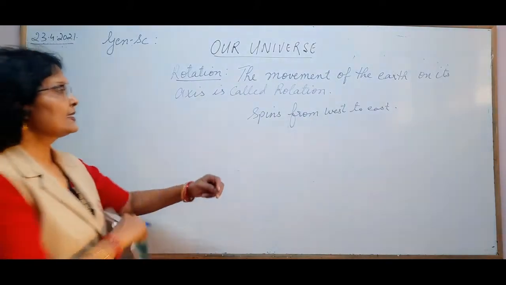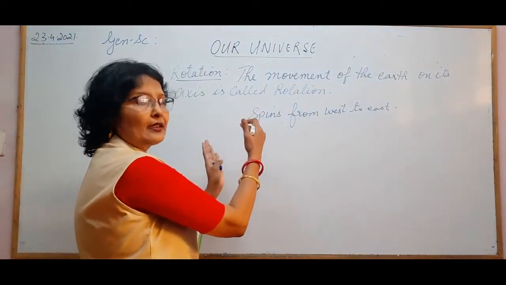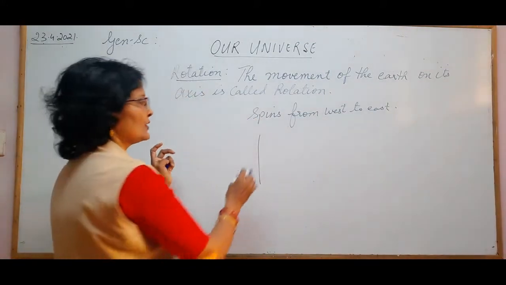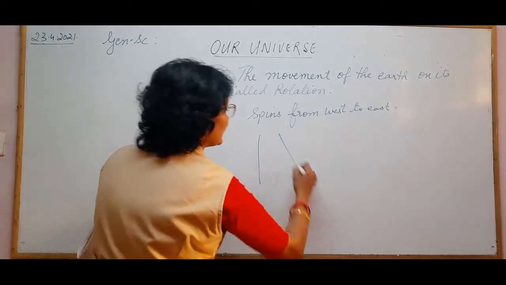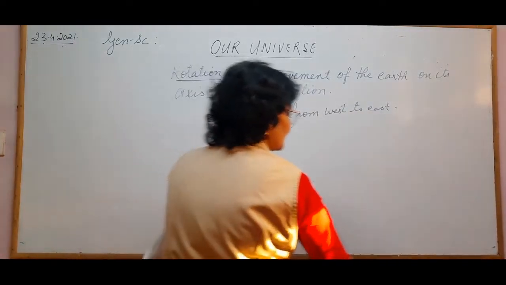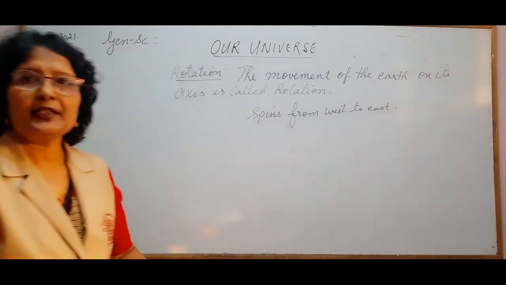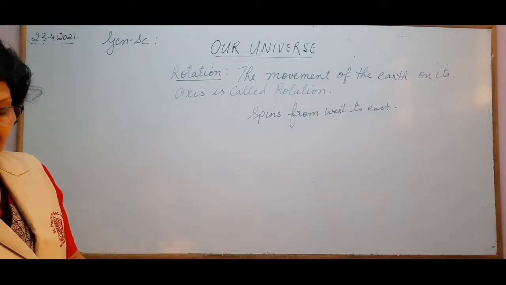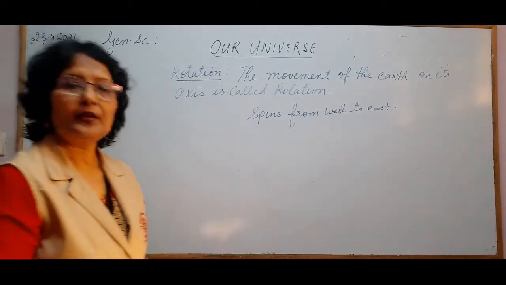Also, its axis is slightly tilted. The axis is not straight, it is slightly tilted like this. First I'll explain, then I'll show you the diagram. So, the movement of the earth on its axis is called rotation.